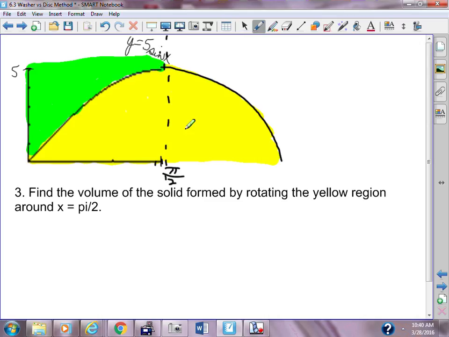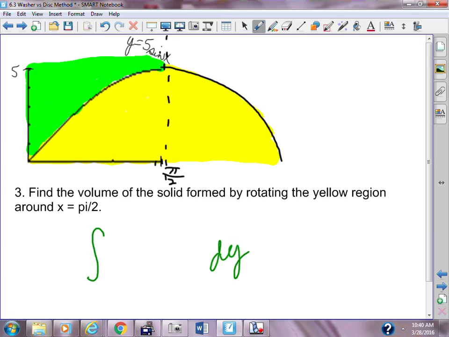If I rotate that yellow section in that way, how am I going to make my cuts? First of all, can you tell me what axis I need to put? Is it dx or dy? Dy. All right, well, you are correct. However, what we had said on the last examples is it was dx if you were going around x, and dy if you were going around y. Well, x equals pi over 2 is not the x or the y axis.